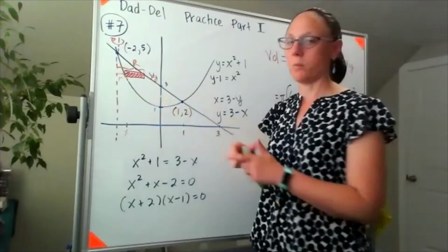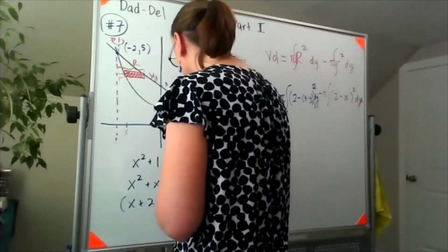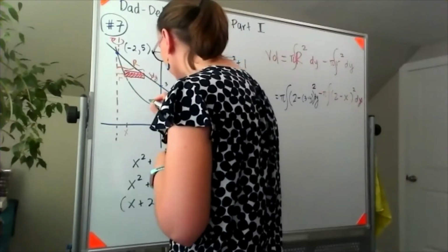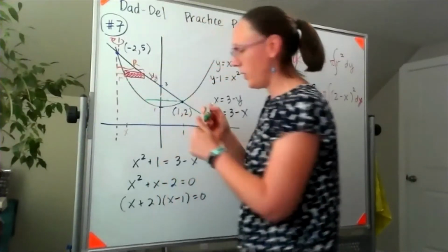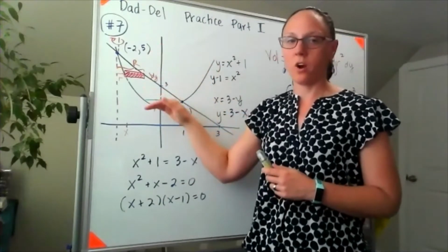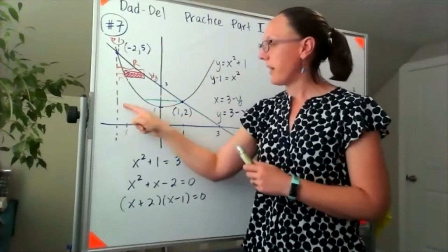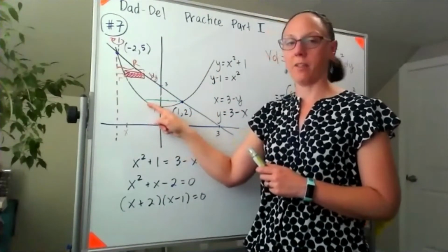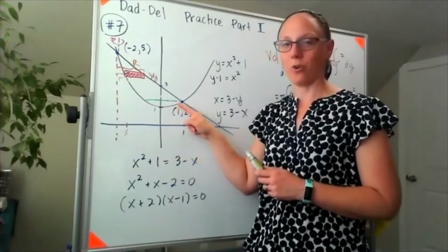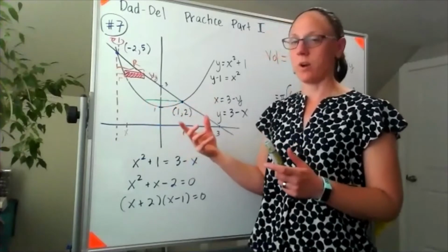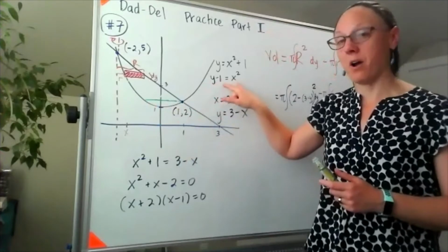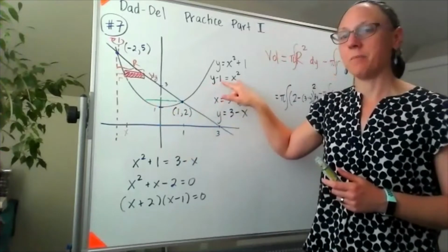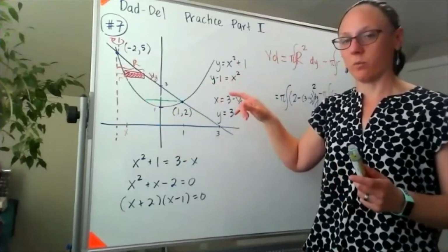But we're going to get to a point where when we're doing those horizontal cross sections, my inner radius hits the parabola, but so does my outer radius. And that's where we need to take into account the positive and negative sides of this once we take the square root.